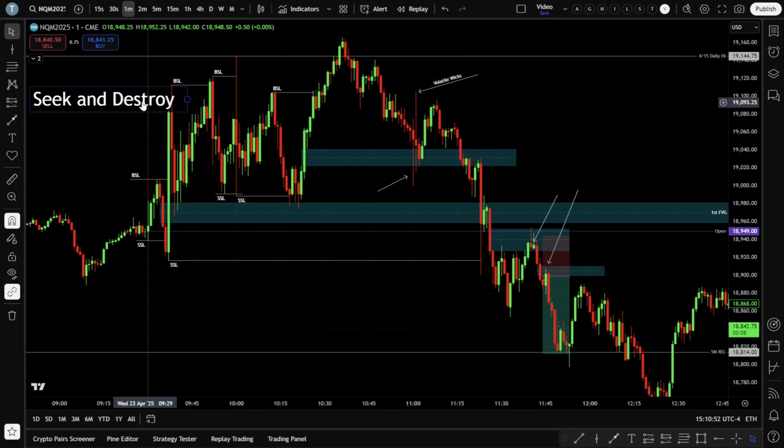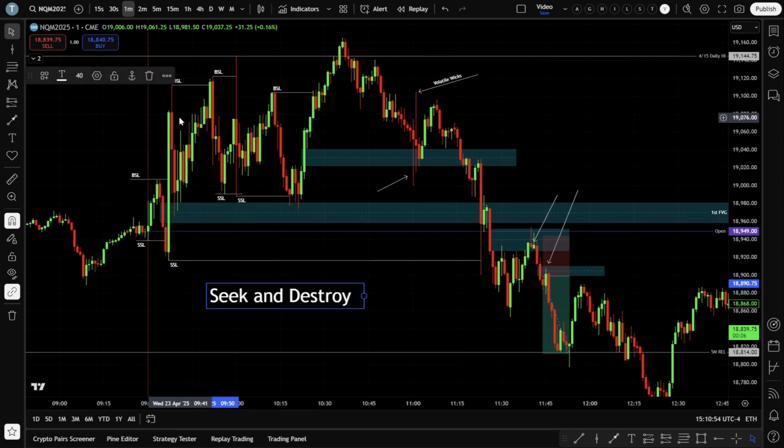But anytime you see price acting like this, each candle up and down, up and down, up and down, it's best just to not trade and wait for the next session, whether it be the afternoon session or wait till the next day. There's always another trading day.